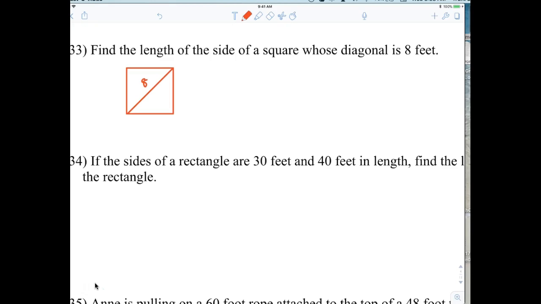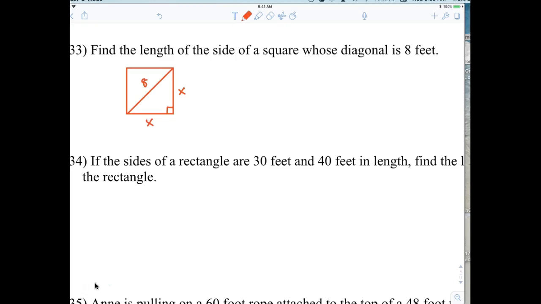All right. Now, a square with a diagonal creates a what type of triangle? A right triangle. All right. And so we've been working on the Pythagorean Theorem. But what's true about each of the legs here? They're equal because it's a square. So you should be able to write this is x and this is x.